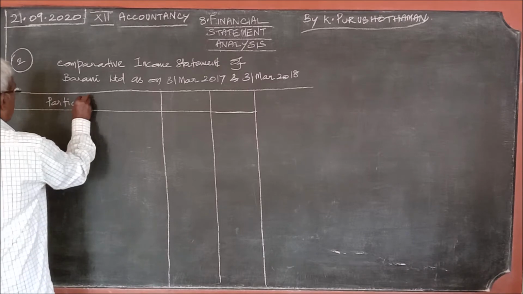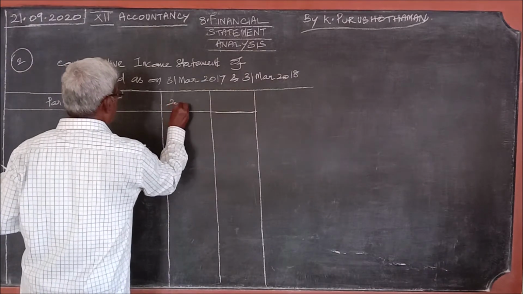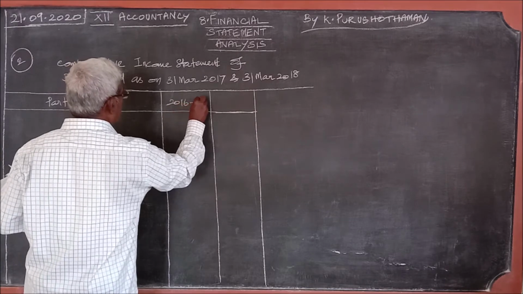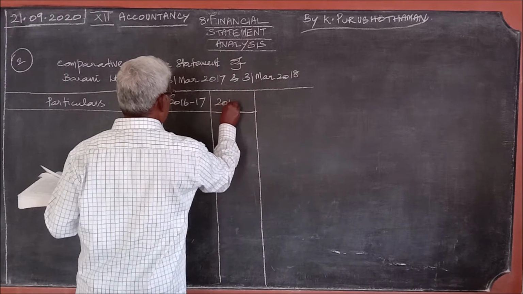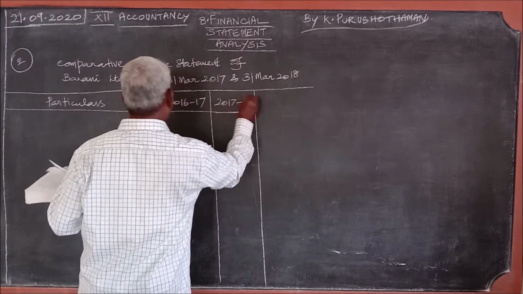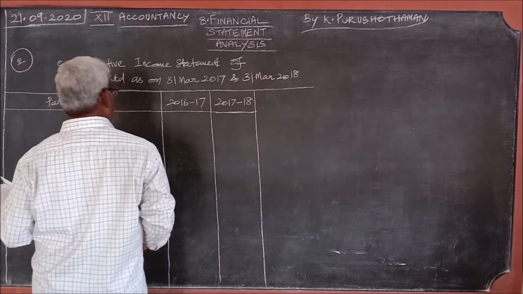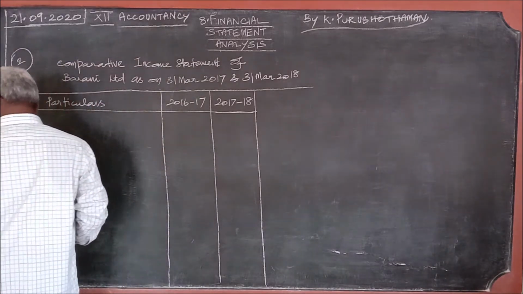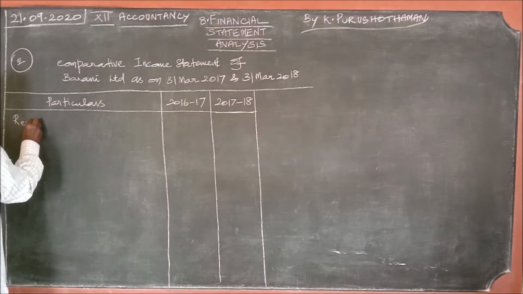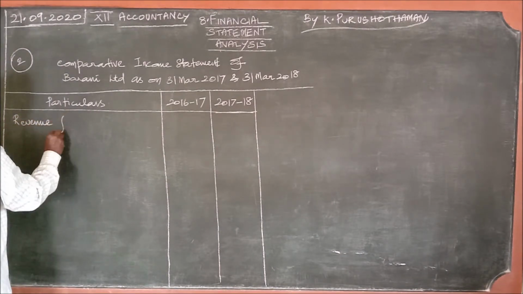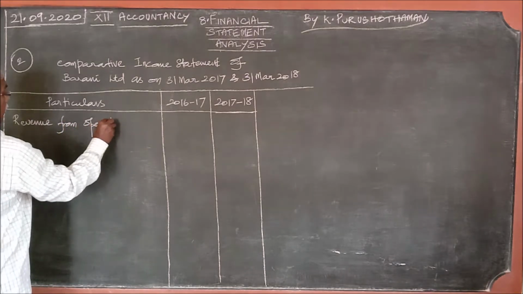Particulars. Year 2016-17. The next year is 2017-18. And the revenue from operations. The first item is revenue from operations.